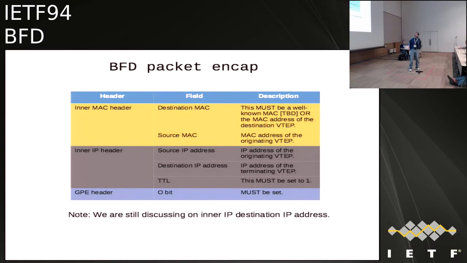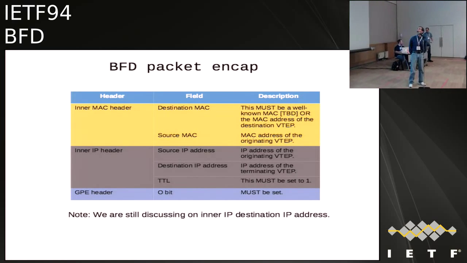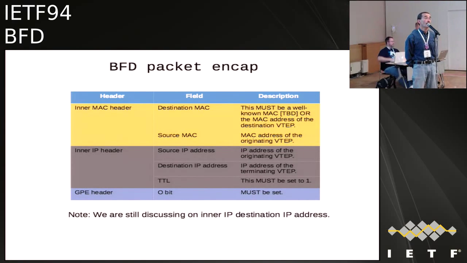here's the listing of what information is needed. We have not yet discussed whether there will be a well-known MAC and how it will be allocated. It could probably be allocated from an IANA managed range of multicast MAC addresses, but in an unrelated discussion, we had a concern expressed about the use of multicast MAC addresses in a VXLAN environment in the data center.